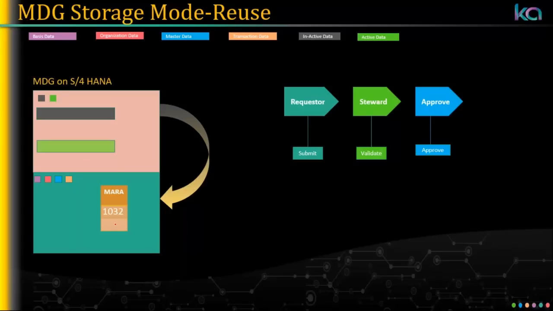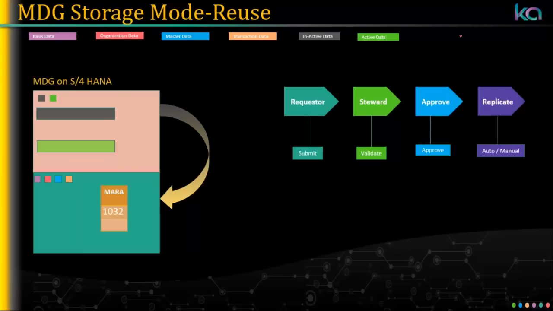Now, if it is my operational ECC and it is a co-deployment, here itself I can do my transactions. I can raise a sales order with respect to this material. But if it were a hub deployment model, then we need to replicate it additionally.